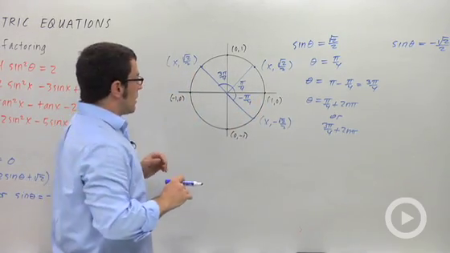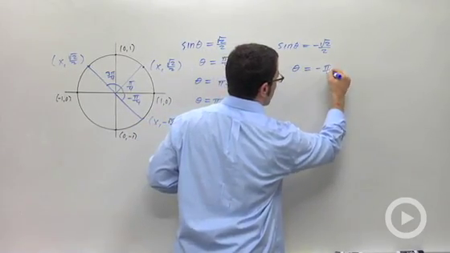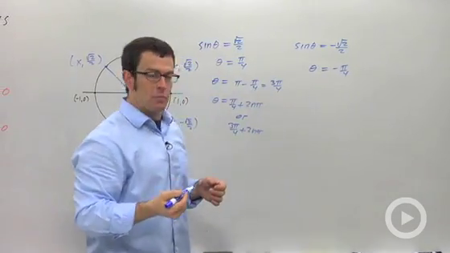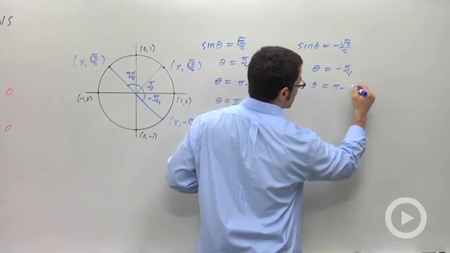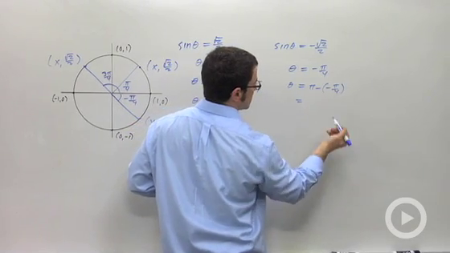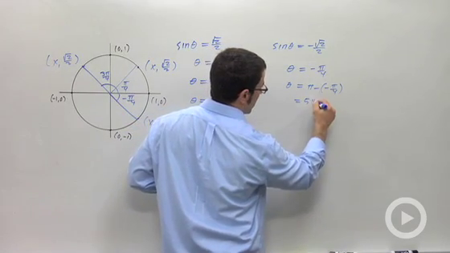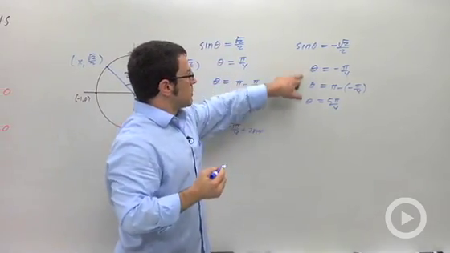And again, if you have one solution, negative pi over 4, another solution will be the supplement. So pi minus negative pi over 4. And of course, that's 5 pi over 4. So these are our two principal solutions.